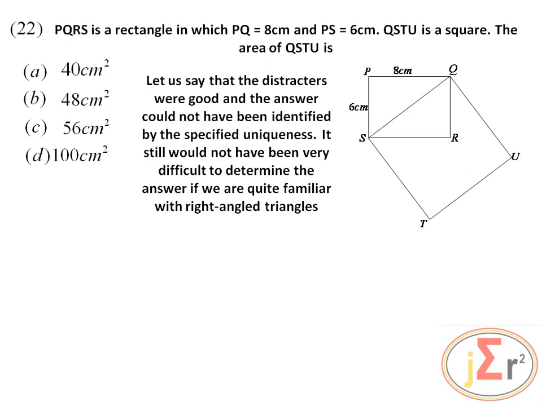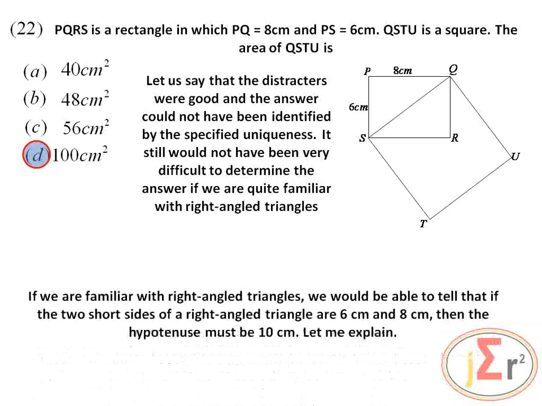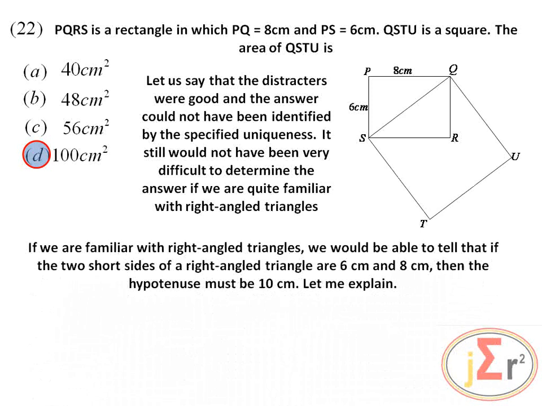I think that we should be able to do that. If we are familiar with right-angled triangles, we would be able to tell that if the two short sides of a right-angled triangle are 6 centimeters and 8 centimeters, then the hypotenuse must be 10 centimeters. We should be able to tell just by looking. If we know that it is 10 centimeters, square 10 centimeters, we will get 100 centimeters squared.